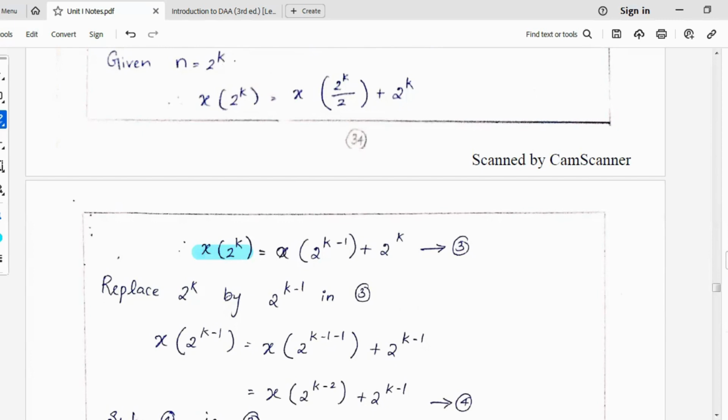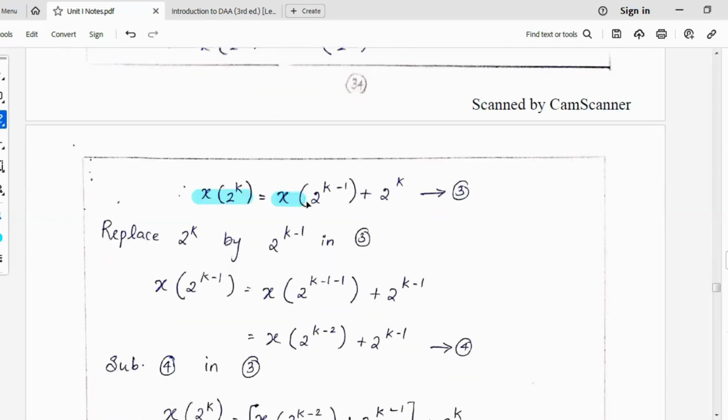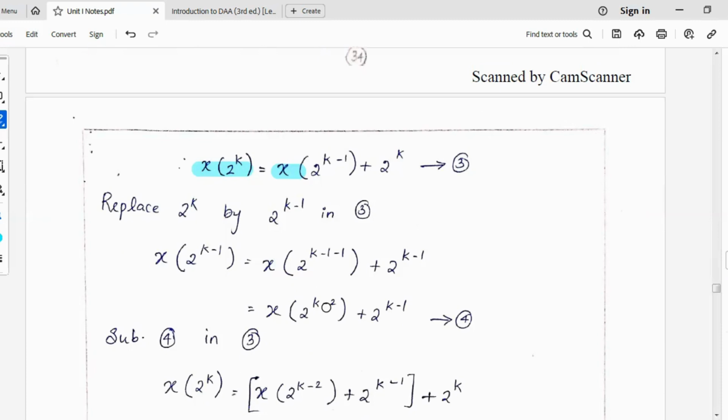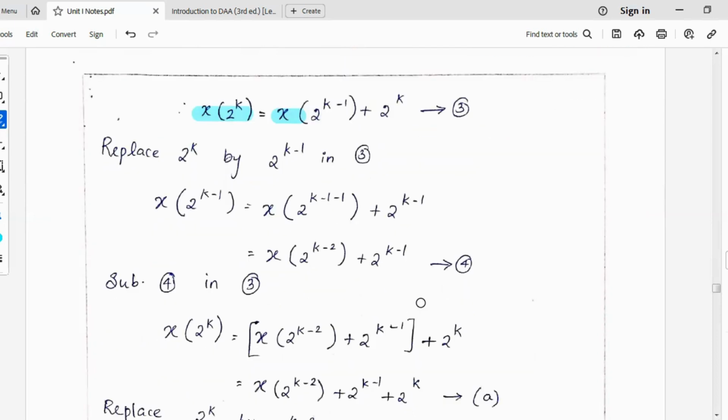So x of 2 power k equal to x of 2 power k minus 1 plus 2 power k. So this is also one recurrence relation because x of 2 power k is defined in terms of x. So I'm going to find what is x of 2 power k minus 1. For that I'm using the same equation, but I'm going to substitute 2 power k minus 1 in the place of 2 power k, right? So in the backward substitution, I'm getting x of 2 power k minus 2 plus 2 power k minus 1. Similarly, I'm going to do the same thing.